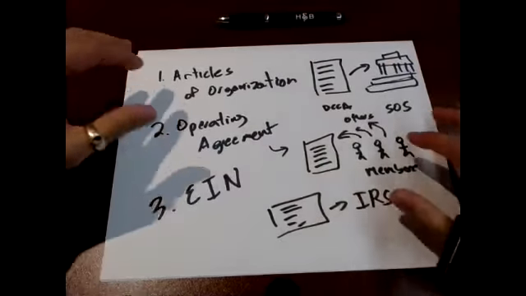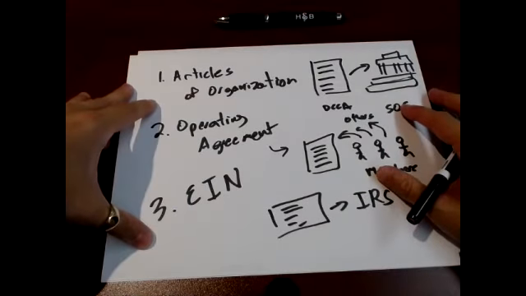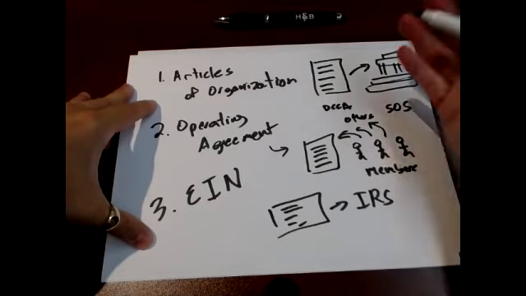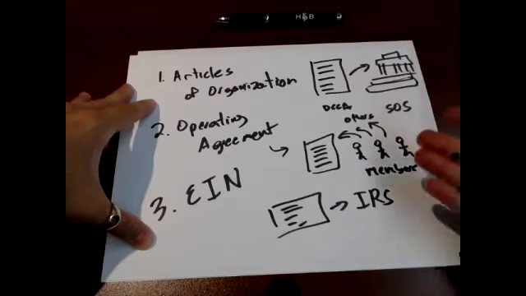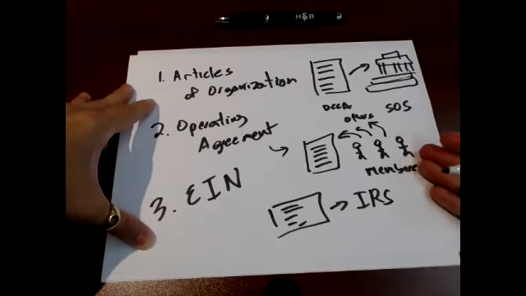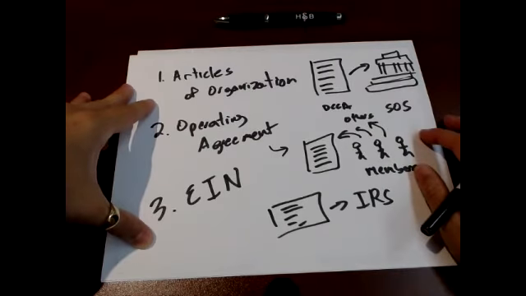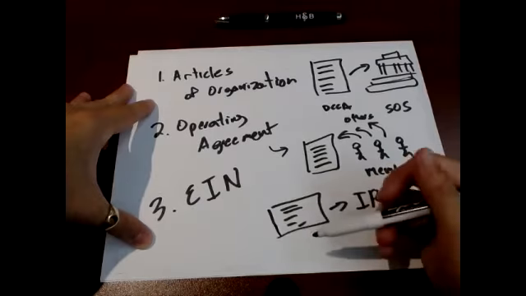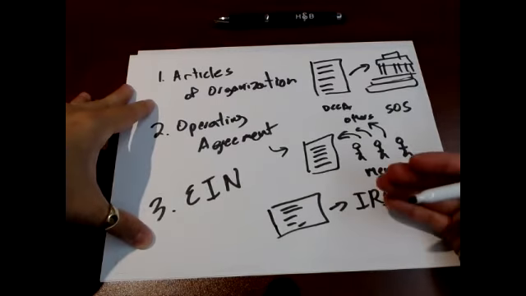Why these three documents? There are a lot of other things you're going to have to decide, such as the name of your LLC, and how you're going to work with your partners if you have any. And if you don't, if you're just a single member LLC, you should still consider having an operating agreement. And again, if you don't have employees, you still will need an EIN.